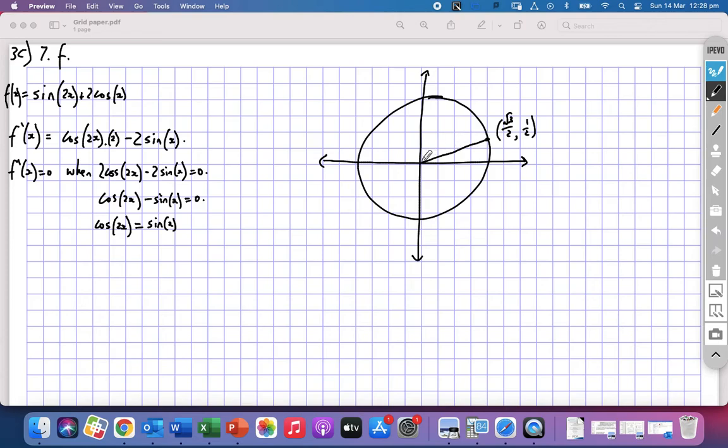Sorry, pi on 6. And then if I go to pi on 3, right, now the cos is a half, the sine is root 3 on 2. This is a unit circle, right? 1, 0, 0, 1.